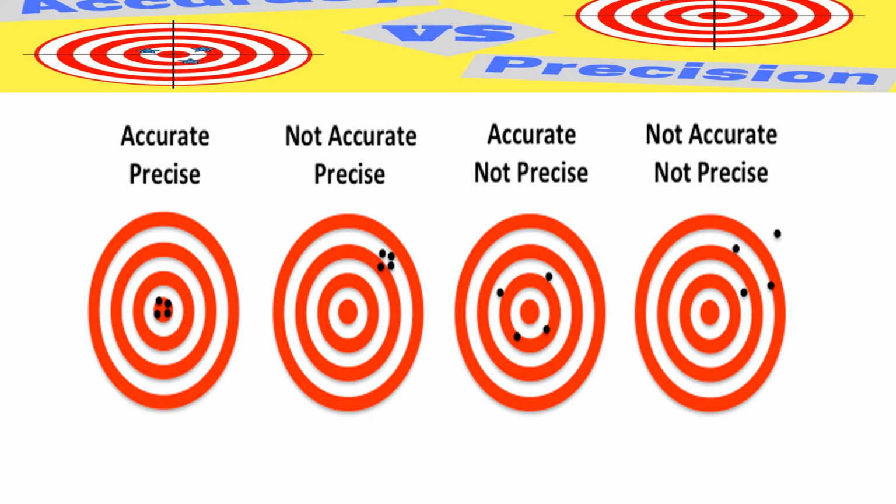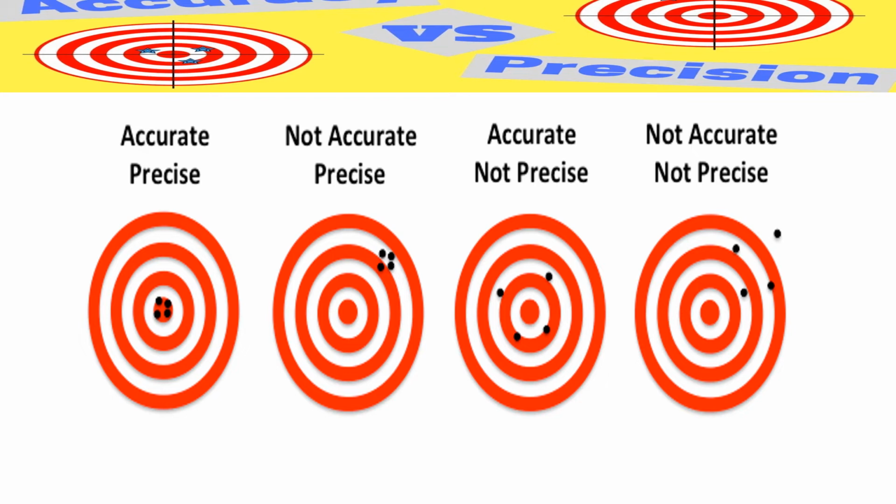So let's see what is meant by being accurate and precise. If you see this first one, the dots are closely clustered at the center of the bullseye. This is accurate and precise. Because they are all together, they are precise.